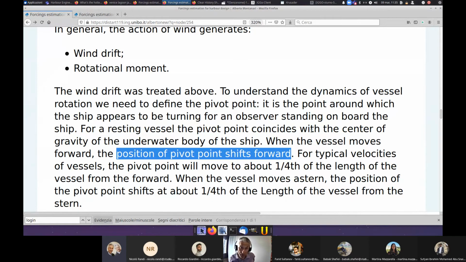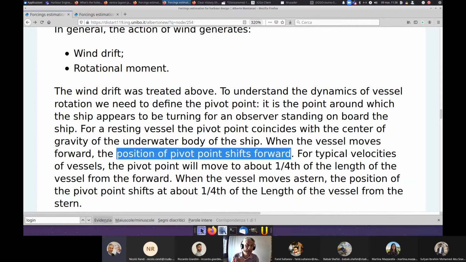So it's important to notice that, in our case, we focus on resting vessels. We are interested in the rotation for berthed ships, for moored ships, so we are not really interested in what happens to the pivot point when the vessel moves. But keep in mind the definition of the pivot point.